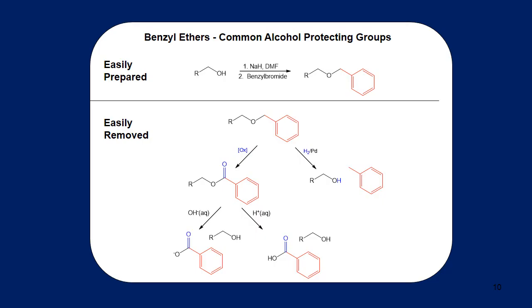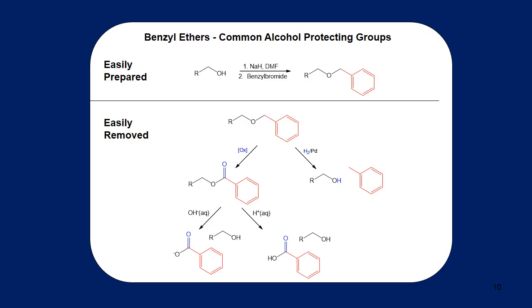One very commonly used protecting group when it comes to alcohols in organic chemistry is in fact an ether. Benzyl and allyl ethers are favorite protecting groups of organic chemists because they can be fairly easily attached to an alcohol group using an SN2 synthesis strategy.